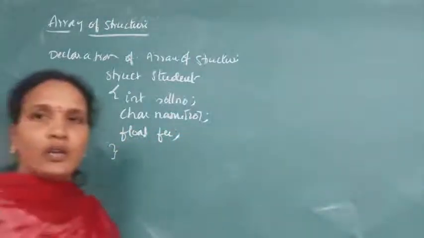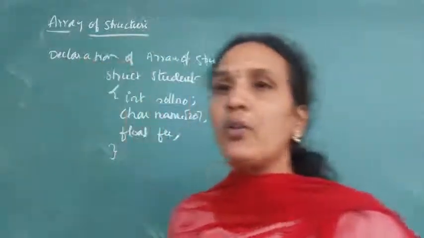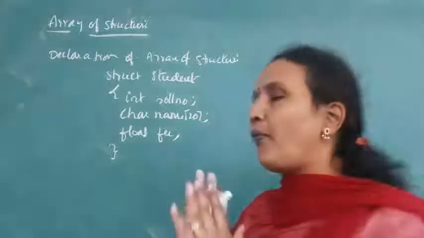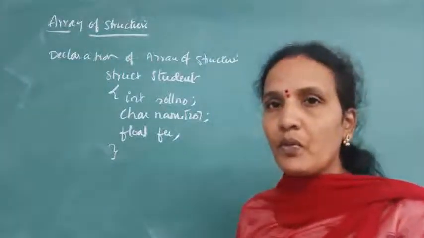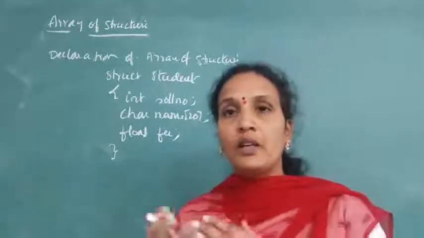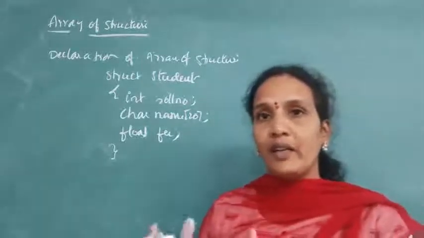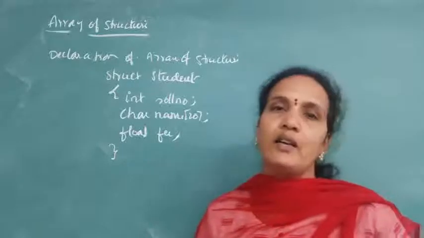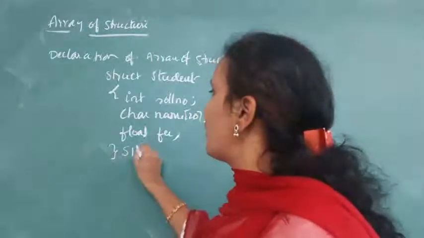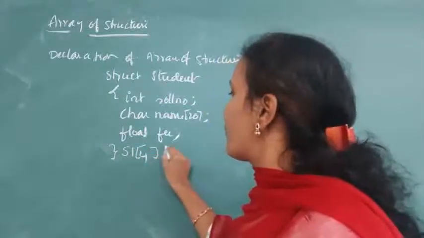Okay, so these structure members are used by the 5 students example. So instead of declaring 5 students, you can declare those 5 students as an array like this. S1[4].